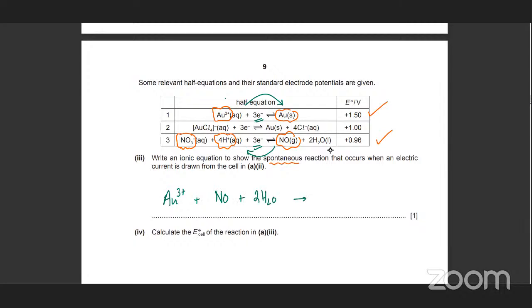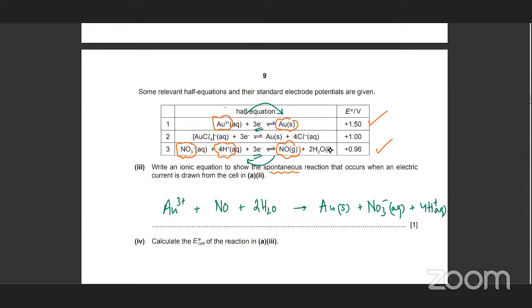And the product in the first one is Au solid that's forming, and in the second one, it's NO3- aqueous plus 4H+ aqueous. You can write the states: this one is aqueous, this one is gas, or this one is liquid.